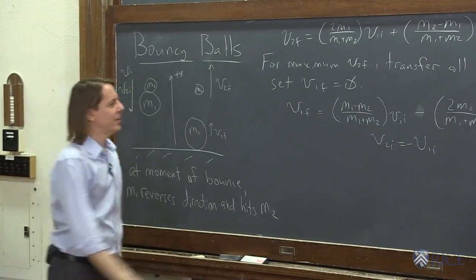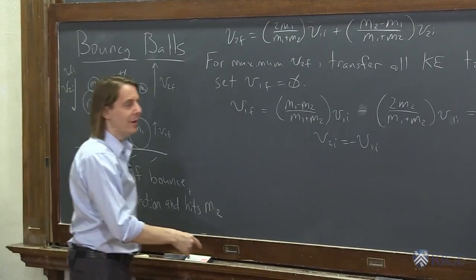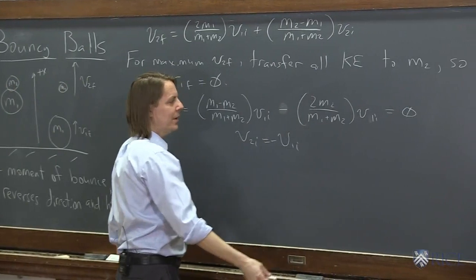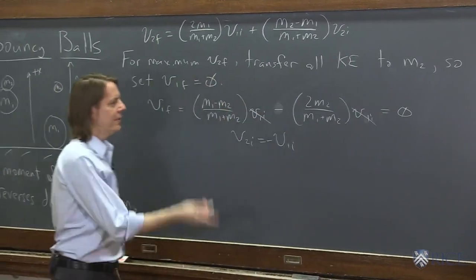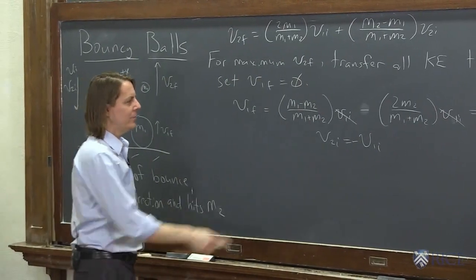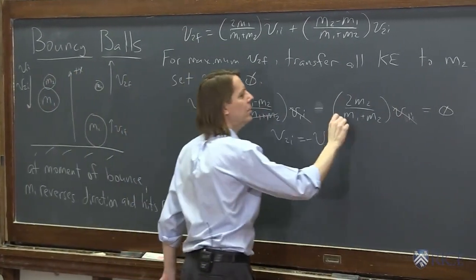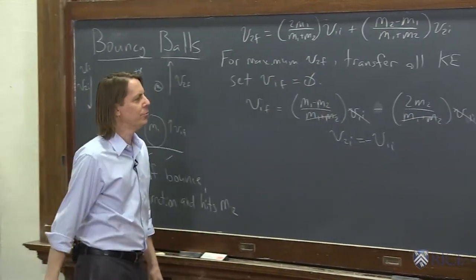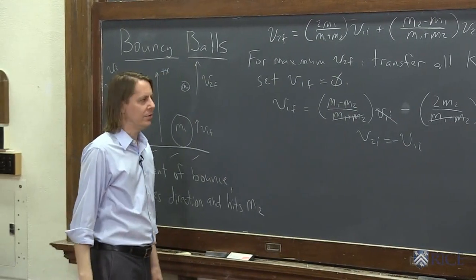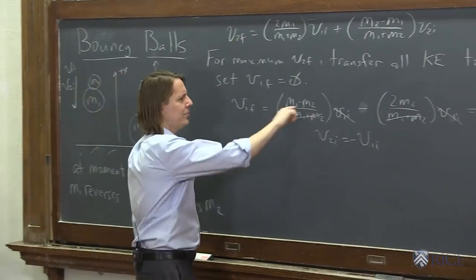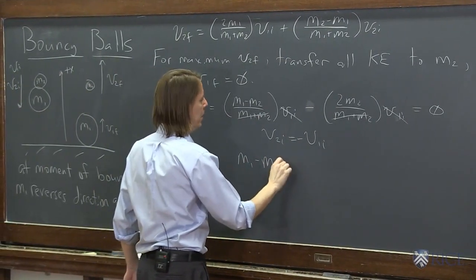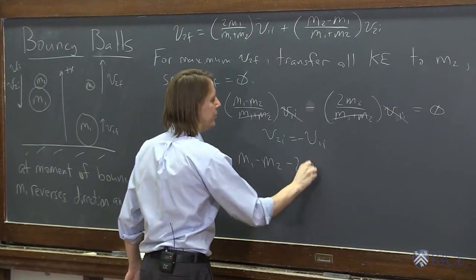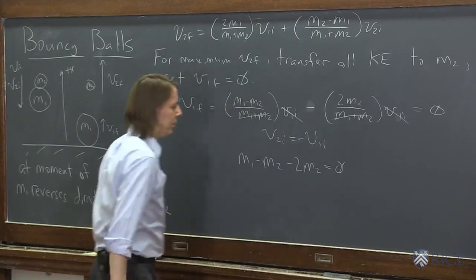Well, so with our two conditions, we set it equal to 0, we made this true, and now we have all this equal to 0, and we can cancel the common terms. V1I, cancel that, divide that out. And also the common denominator, m1 plus m2. You can multiply through by m1 plus m2, cancel all that, and it's still equal to 0. And then you end up with just what's in the top, m1 minus m2 minus 2m2 equals 0.